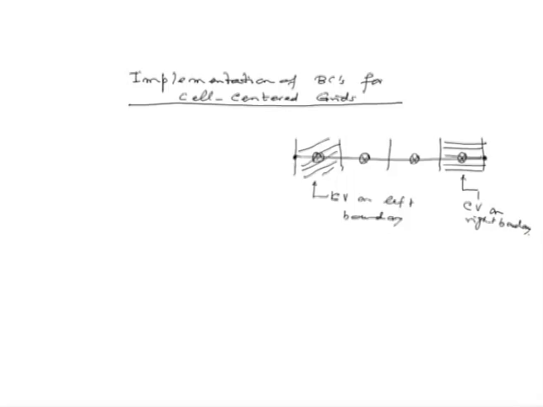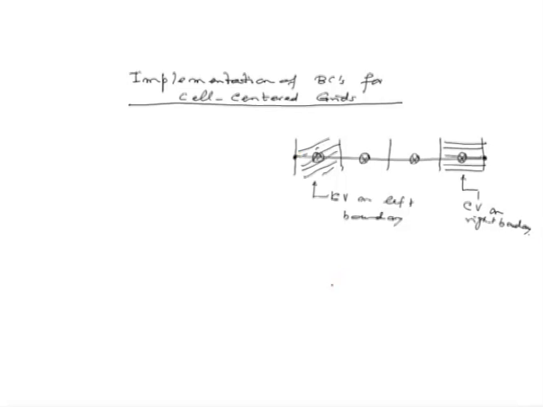So, in this case what we will do is introduce the concept of a ghost cell. These ghost cells can be taken on either side depending on which boundary control volume we had taken. Suppose we take the CV towards the left end.